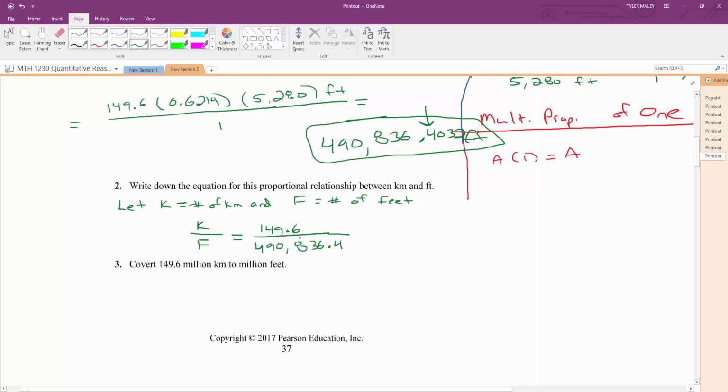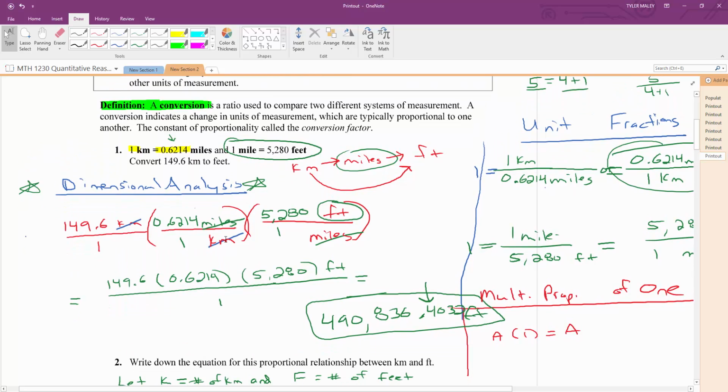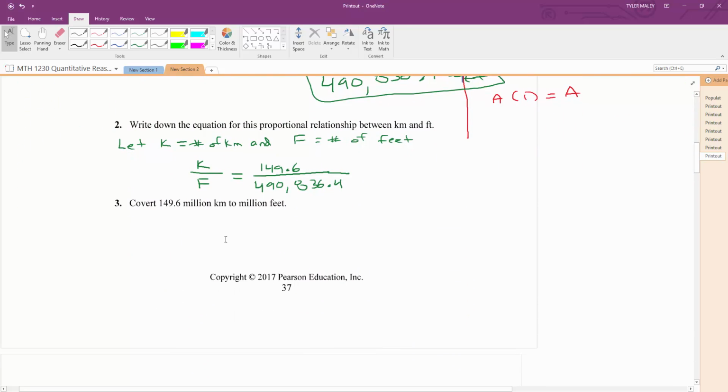So if I want to turn this into an equation, I could solve for K, or I could solve for F. Above we were going from kilometers to feet, so let's go ahead and solve for F. If I use this to solve for F, we just need to cross multiply.